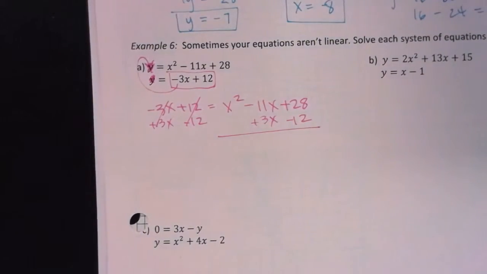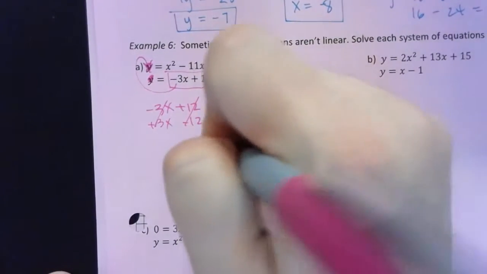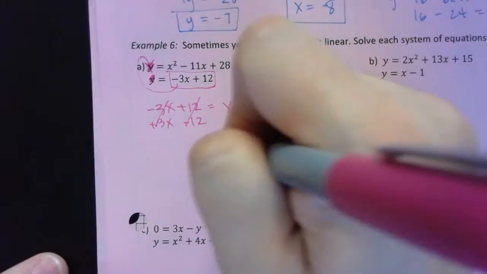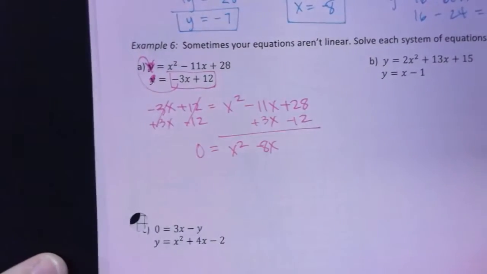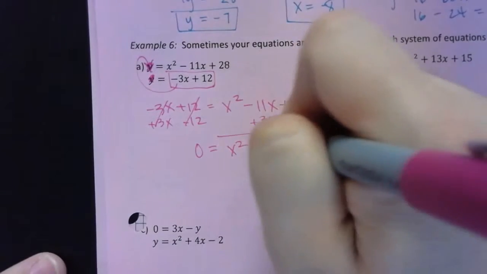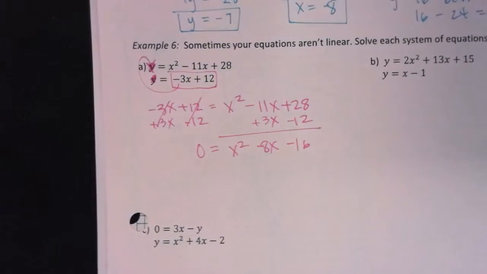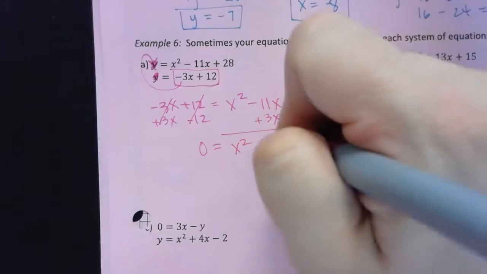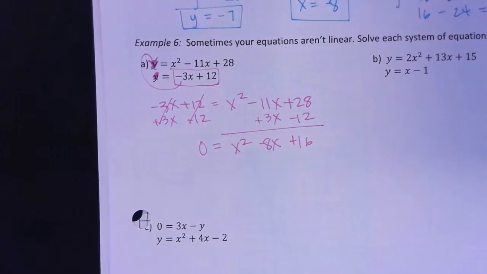So now everything's gone from the left. All of our variables and numbers are on the right. Let's simplify the right. X squared, minus 8x, plus 16.